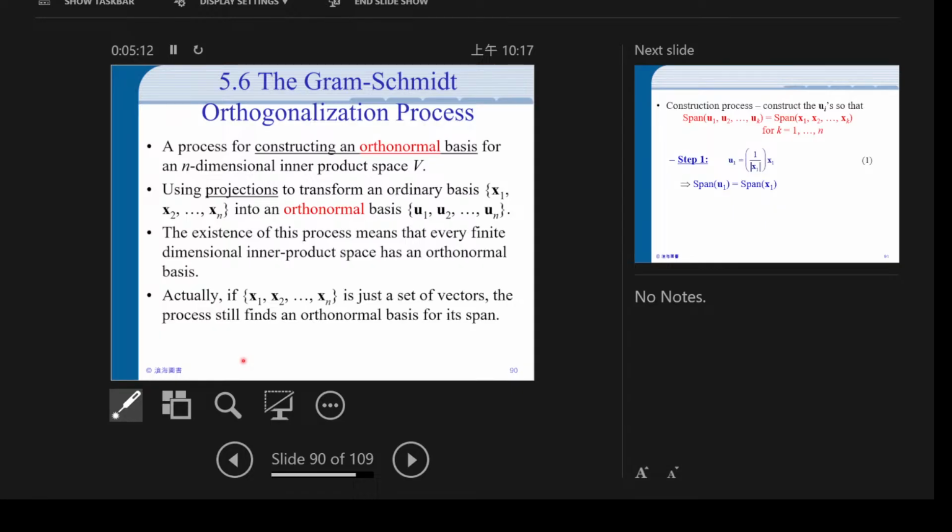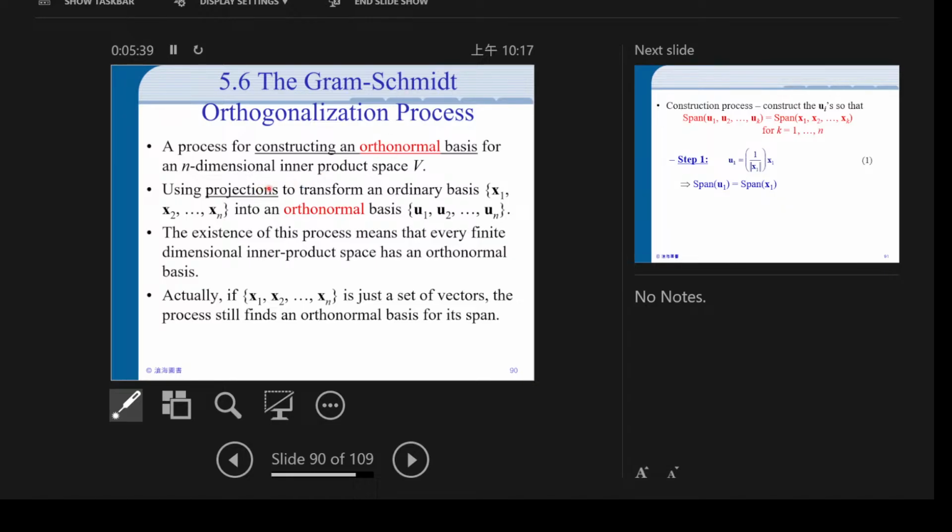We have seen that an orthogonal basis is very useful, and now we give a very explicit process that lets us find the orthogonal basis for our vector space. This is the Gram-Schmidt orthogonalization process, and usually we just call it the Gram-Schmidt process.